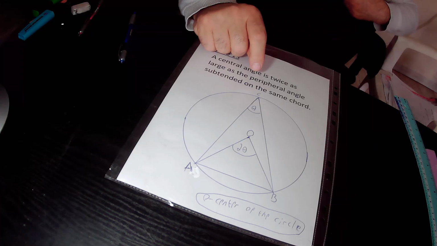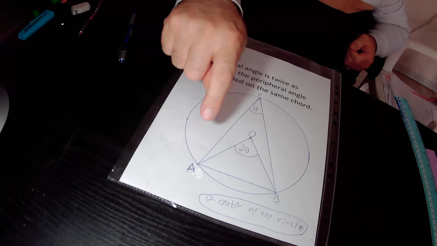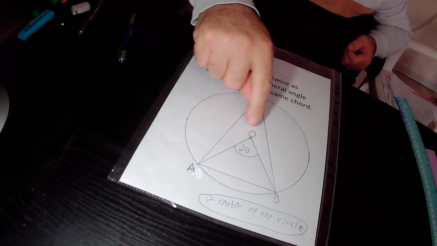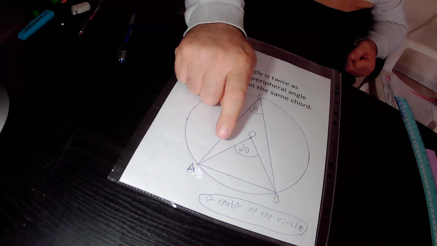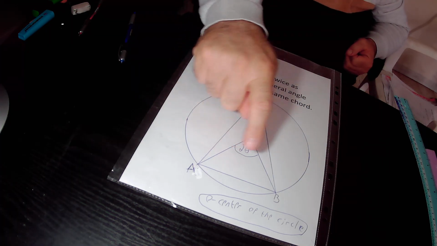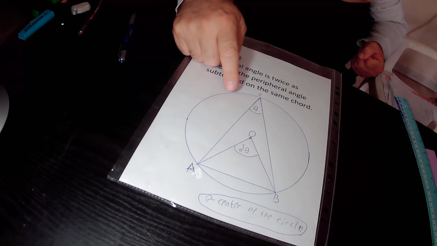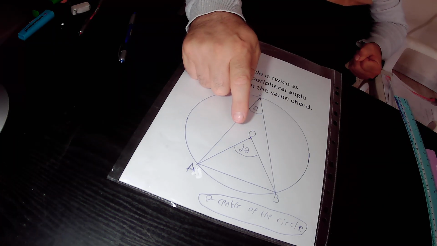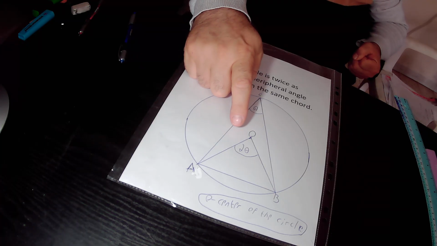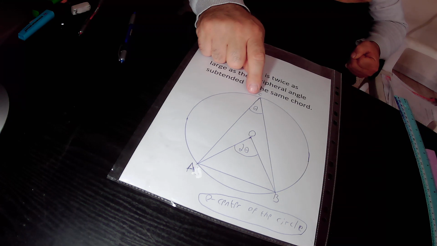In addition, we have center angle AOB that subtends on the same chord AB. According to rule 13, the size of center angle AOB must be twice as large as the size of peripheral angle ACB.